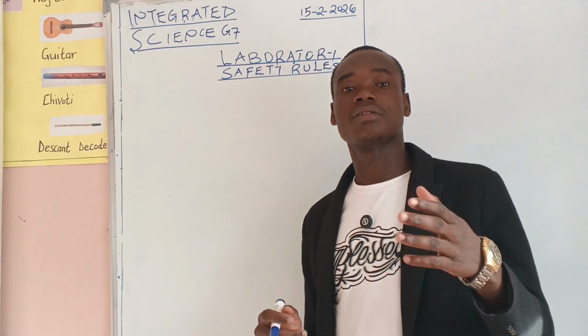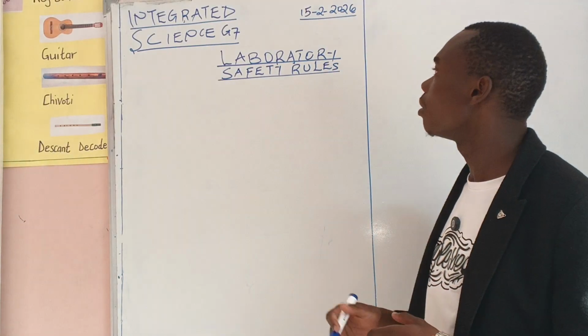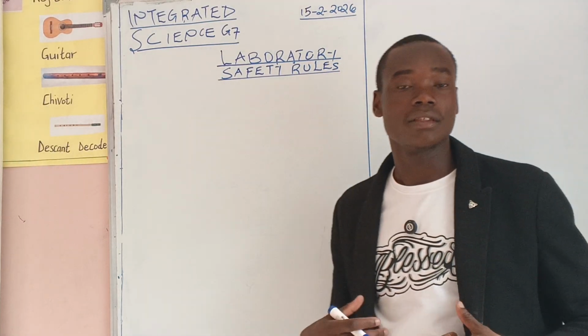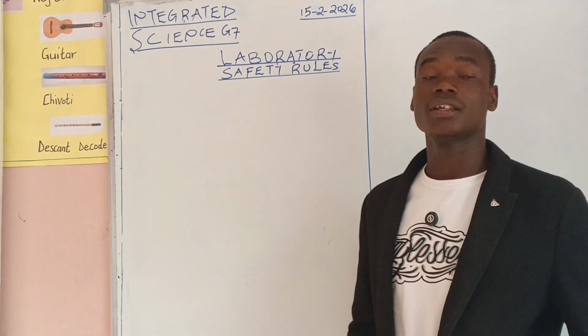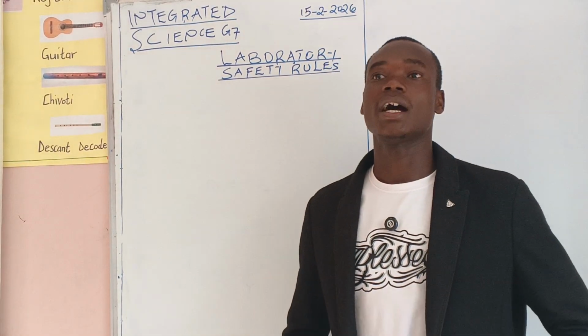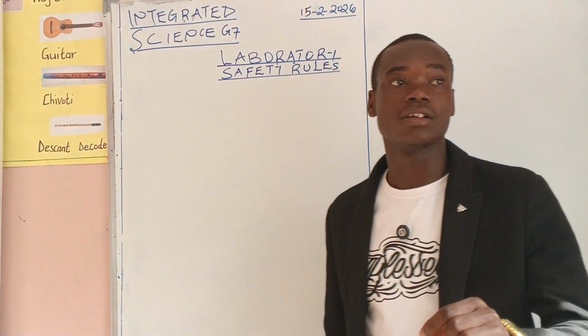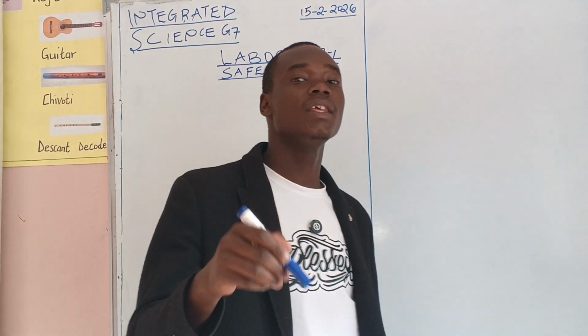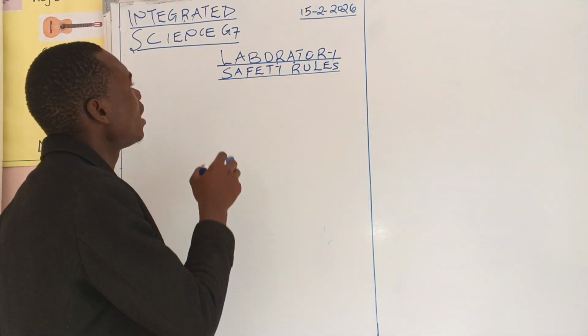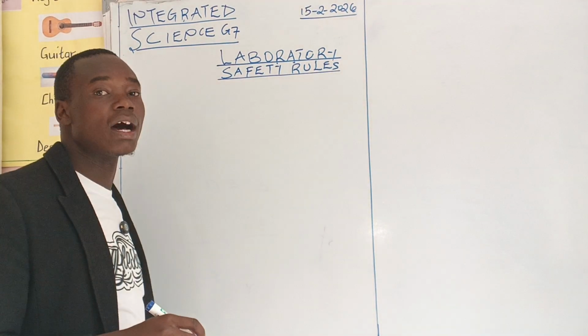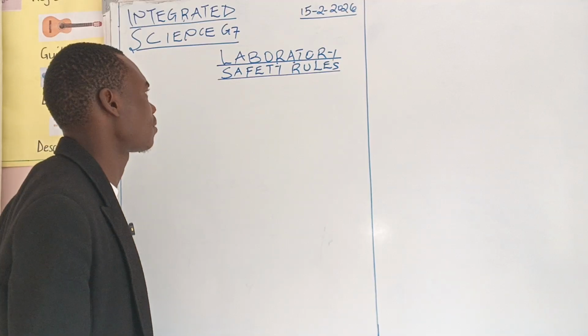More so, the learners who have a laboratory in their respective schools should consider these rules for the safety of their health and the safety of their fellows who are also within the laboratory, and more so when you are carrying out your experiments.